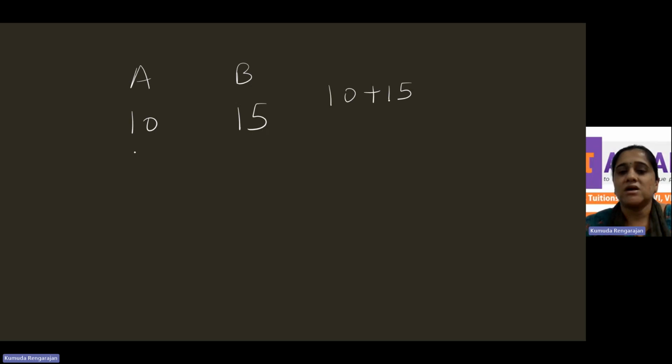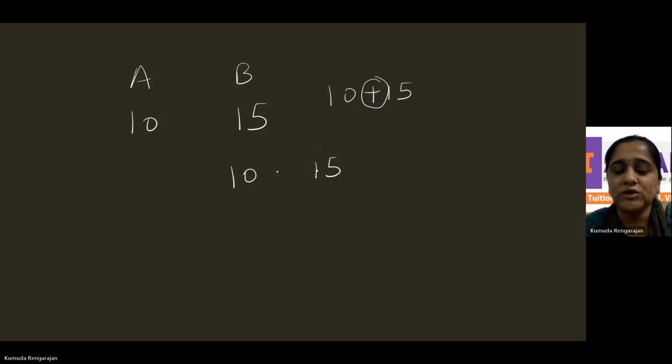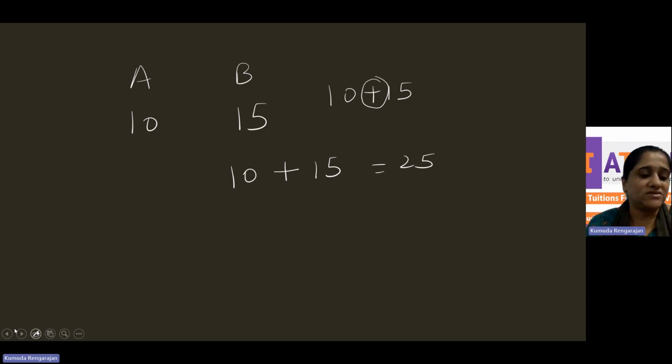So you just have to add 10 and 15. So the mathematical operation you use here is addition. A has 10 toys, B has 15 toys. If you want to know how much they have all together, you need to use the mathematical operation addition. And it's 25.